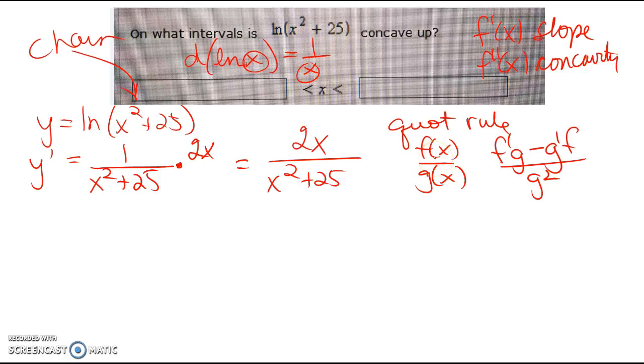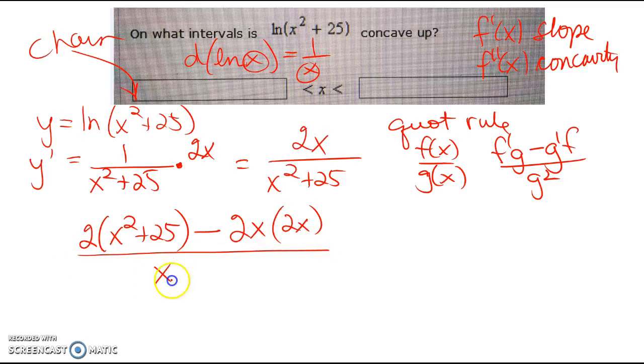So the derivative of the top is 2 times the bottom minus the top times the derivative of the bottom, all over, oops, squared, that should be squared, all over the bottom squared. So we want to see if we can find some zeros. We can find where the inflection points are. Notice something.